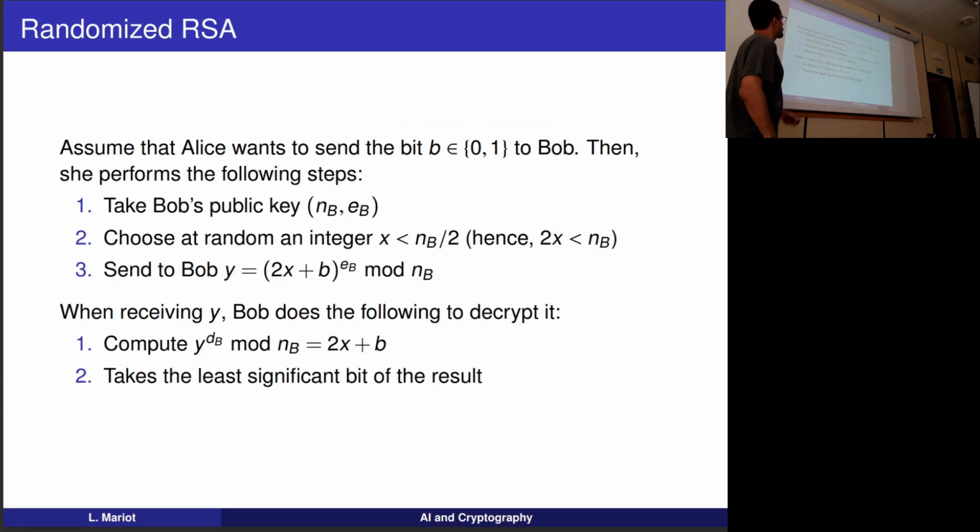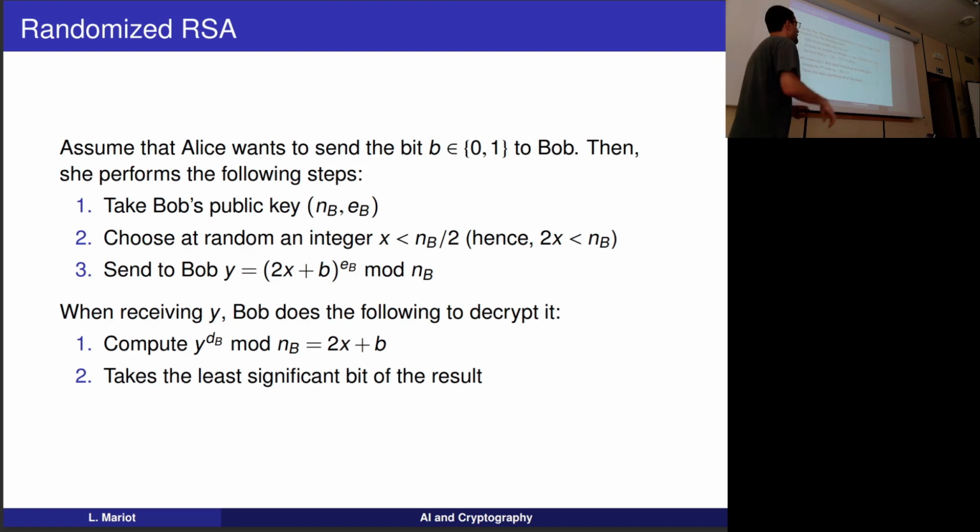Now, how does it work? Well, assume that Alice wants to send this secret bit 0 or 1 to Bob, then she does the following protocol. So she takes again the public key of Bob, as before, and then she generates an integer x at random, with uniform probability, such that this integer is smaller than the RSA modulus chosen by Bob divided by 2.